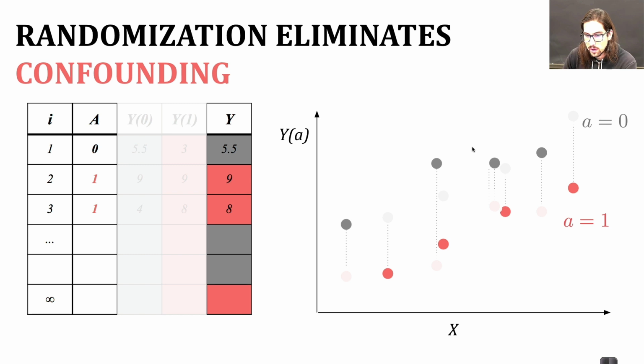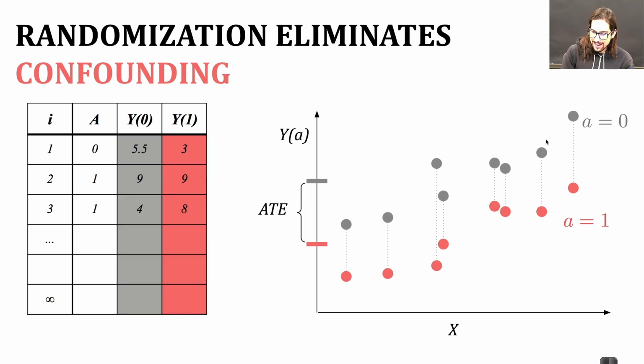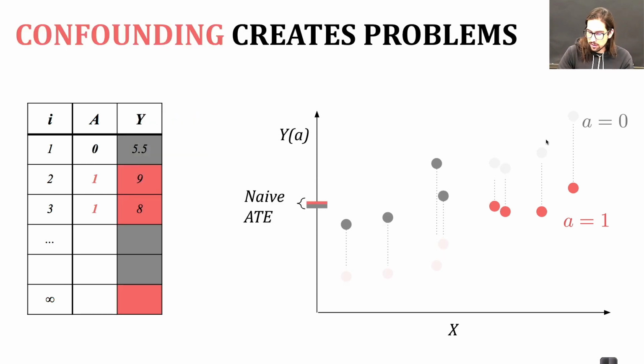When you randomize the treatment, the distribution of the pink points on the x-axis is statistically the same as the distribution of the gray points. So you're never going to end up with this case, or it's very improbable to end up with a case where you have all the pink people over here on the high end, all the older people getting treated and all the younger people not getting treated.